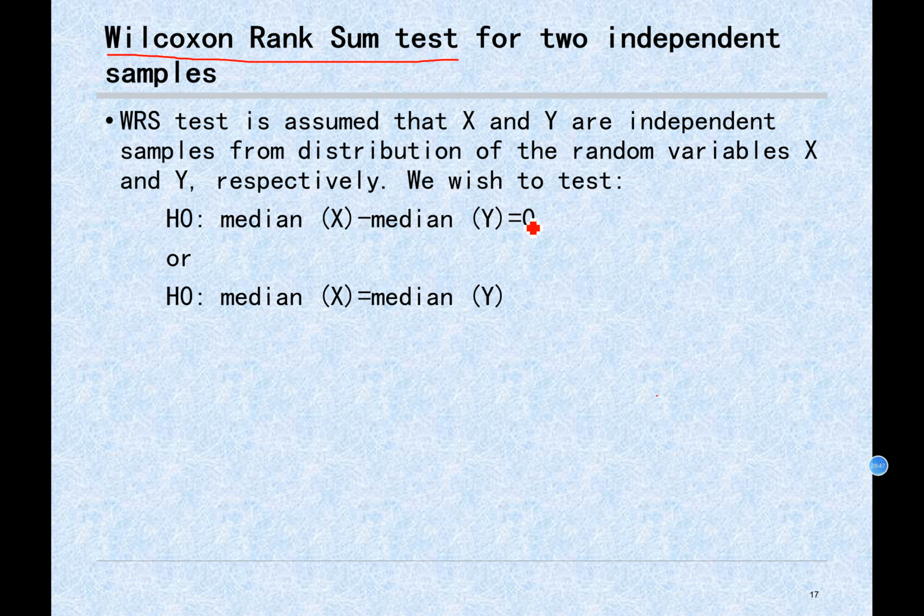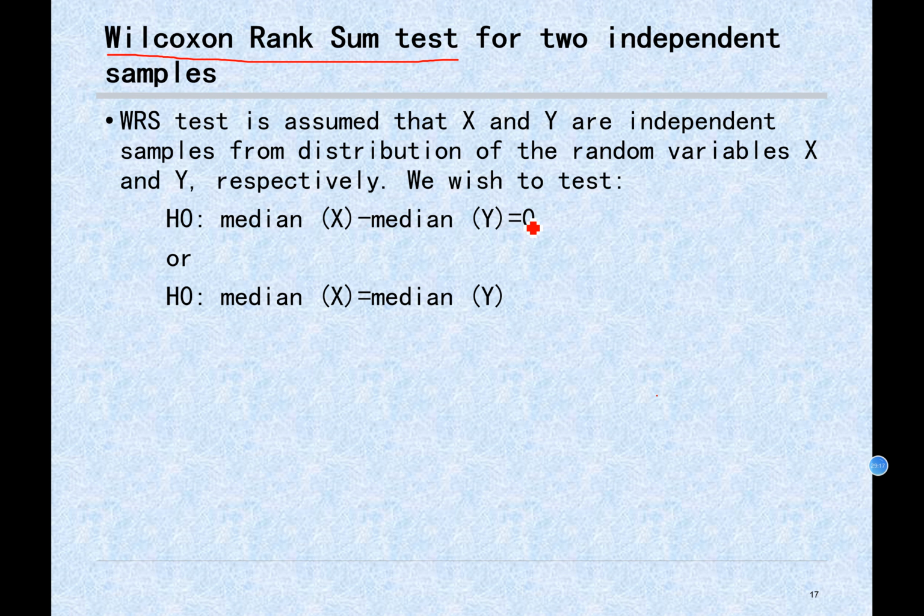We wish to test H0: median of X minus median of Y equals 0. So if the difference of the medians of X and Y is equal to 0, that means there is no difference between X and Y. So that is the same as saying H0 is median of X equals median of Y.